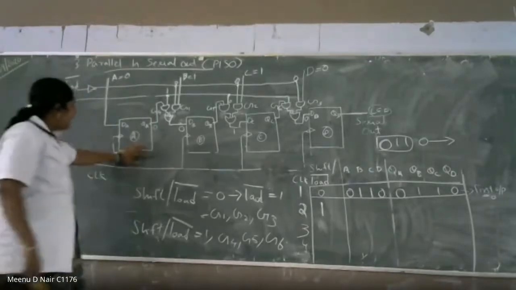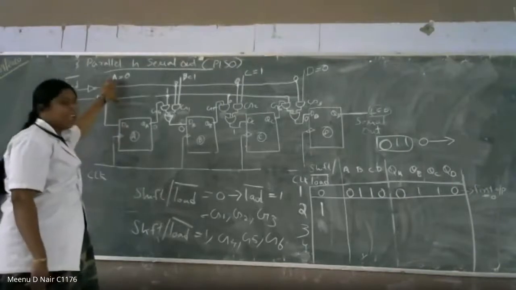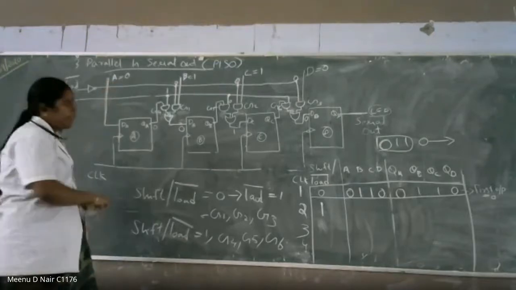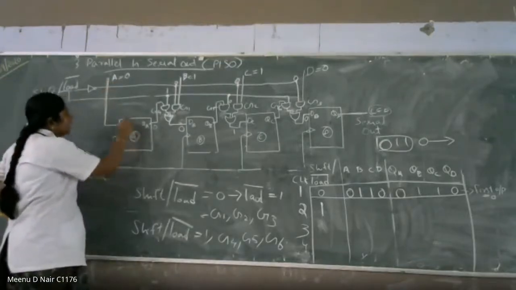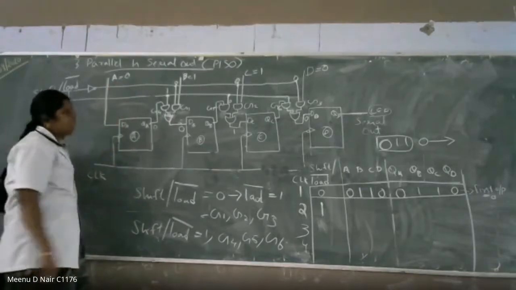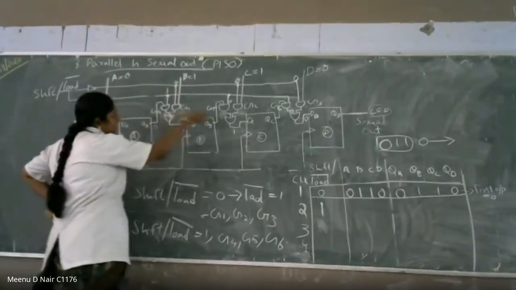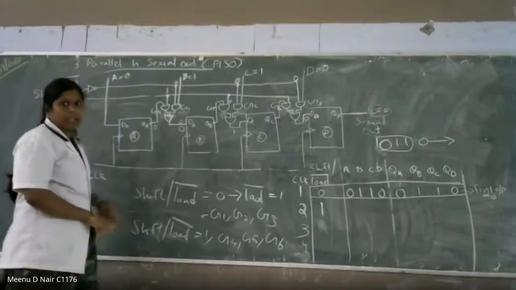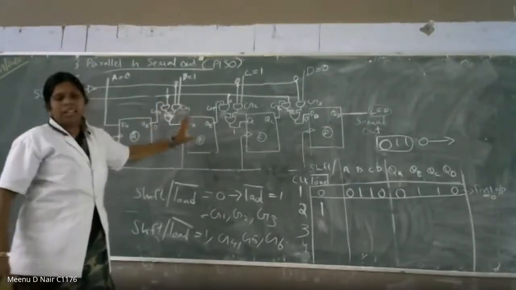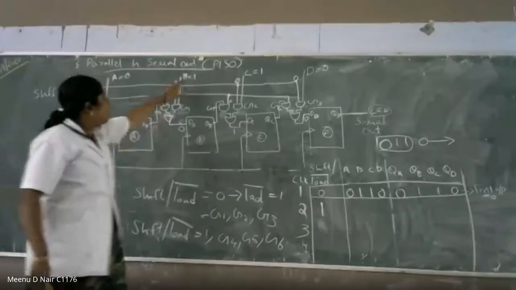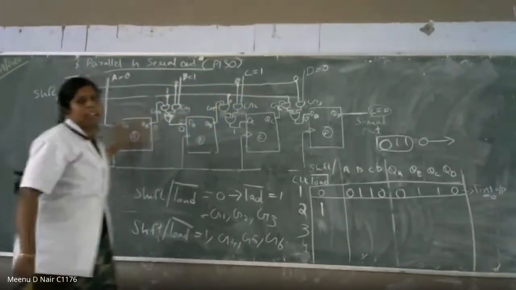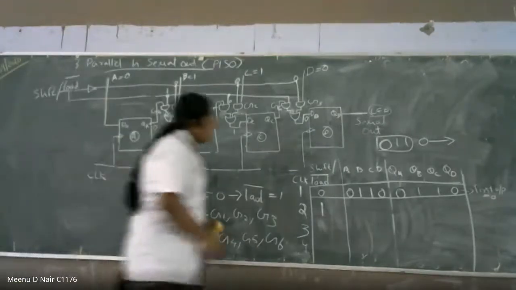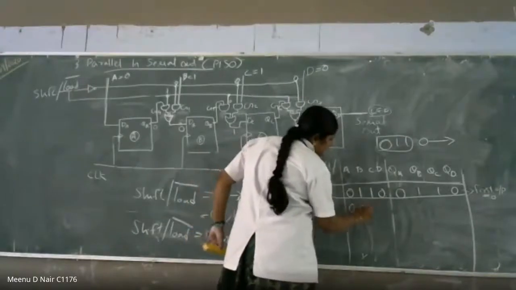But in the A flip flop, the A input is directly connected to A. So you consider A as 0, and every time the A flip flop will take the input of A. A is equal to 0. In all other cases, because so many gates are there, it depends on the shift and load line. It does not depend on whatever is in the input at B, C and D. Only the A flip flop depends on your input. So A is equal to 0; B, C, D is not a problem.